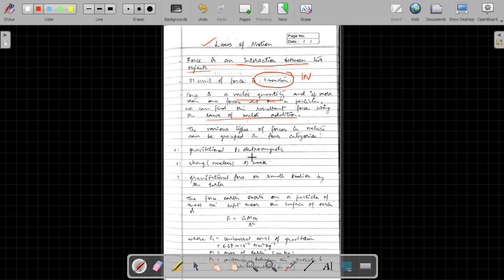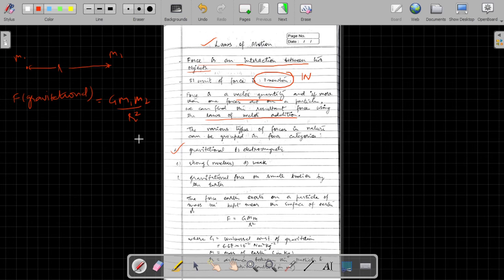So the first kind of force which we will be learning about is gravitational force. Now we already know what gravitational force is. If there are two masses m1 and m2 kept at distance r from each other, then the attractive gravitational force between the two masses is given by G m1 m2 upon r square.